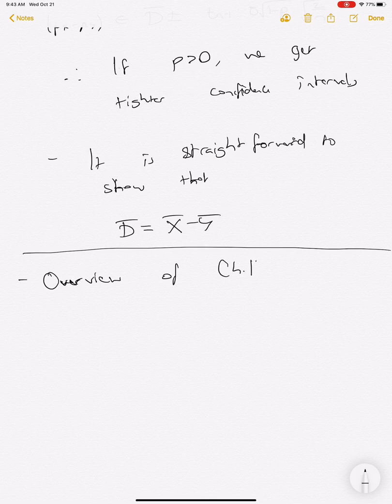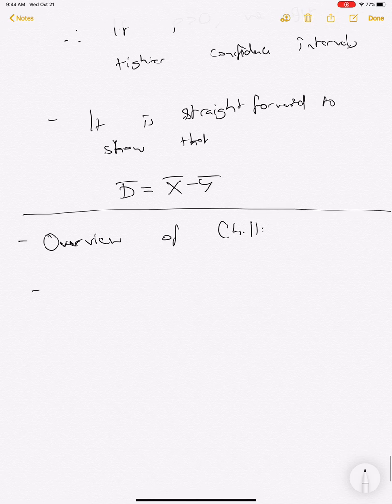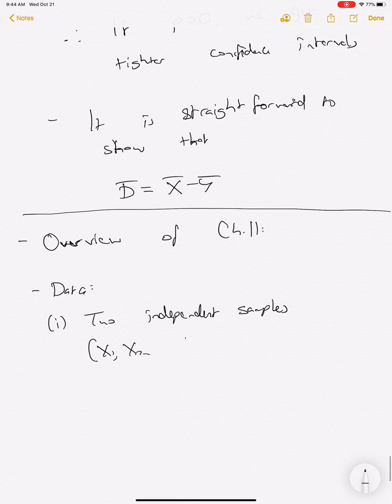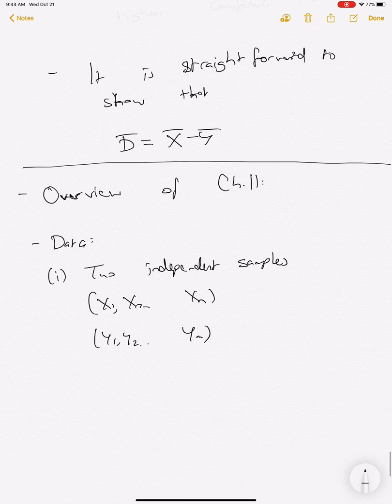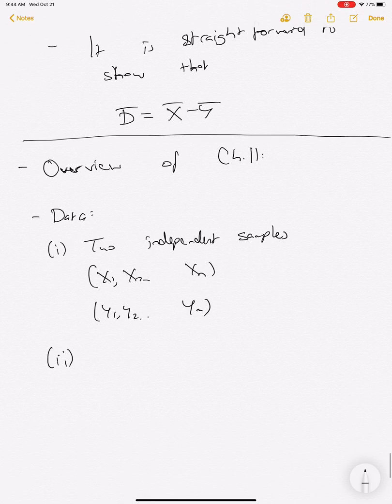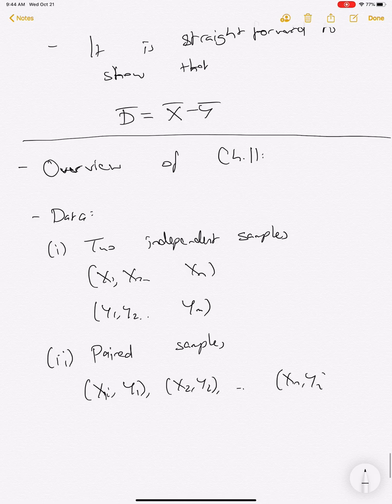of chapter 11. Our data now consists of either two independent samples, X1, X2 up to Xn, and then Y1, Y2 up to Ym, or the second case of paired samples: X1, Y1, X2, Y2, up to Xn, Yn.